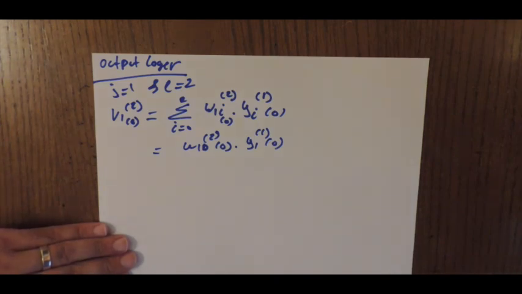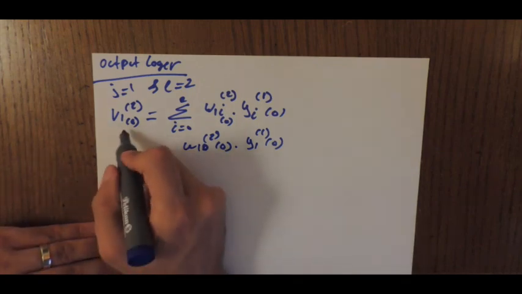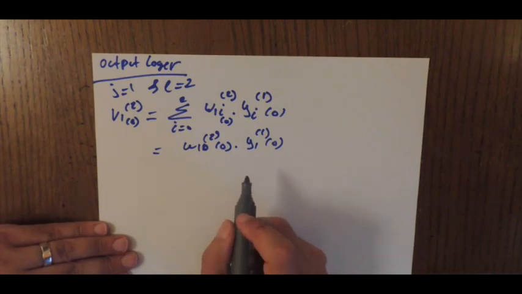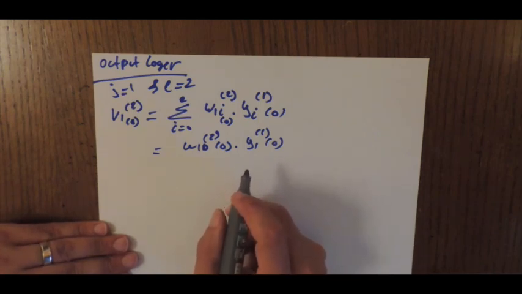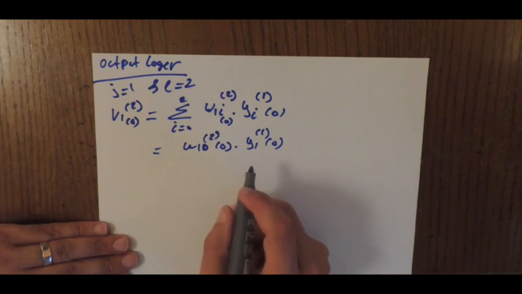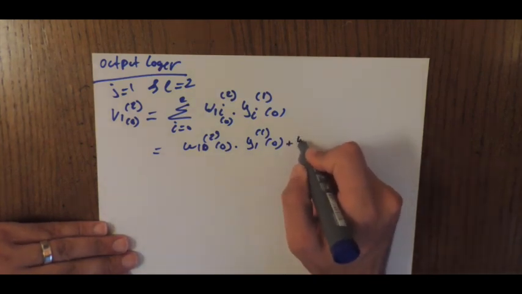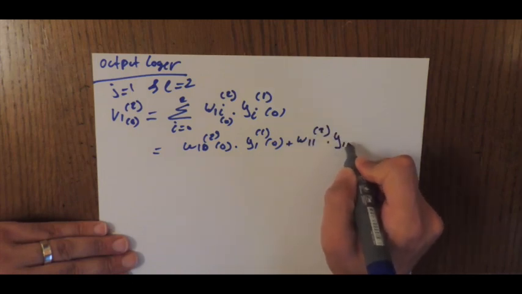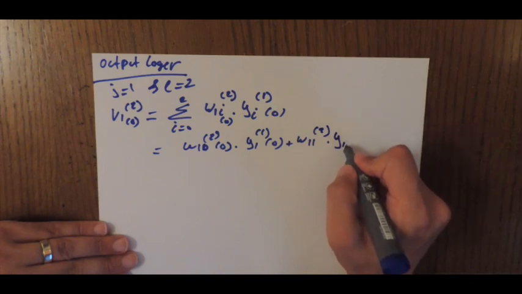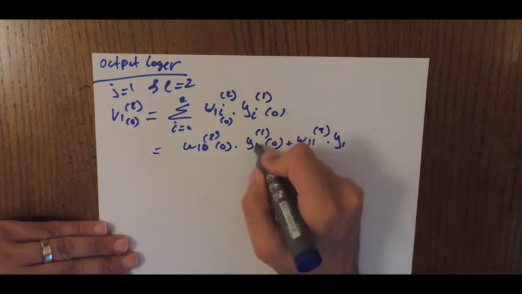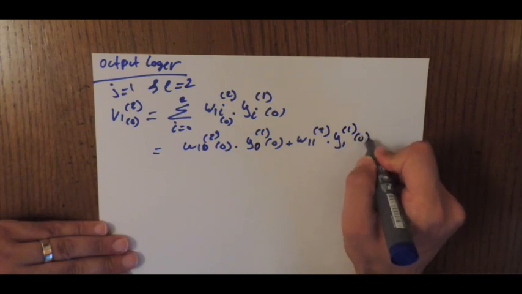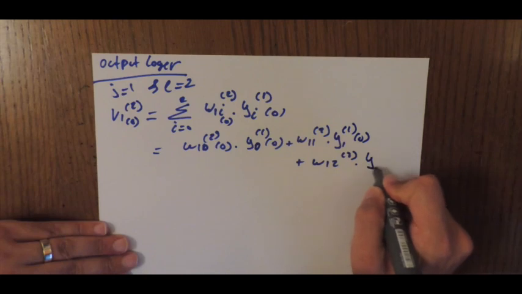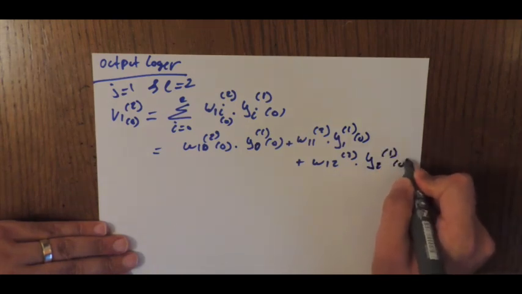Now we have j equal 1 and L equal 2, so we go ahead and start with W10 of 2 times 1, plus W11 of 2 times Y1 of 1 of 0, plus W12 of 2 times Y2 of 1 of 0.